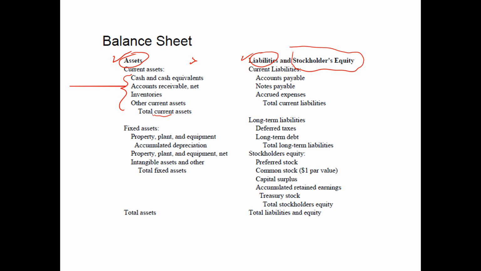and these current assets are things that tend to get converted to cash within a year. So cash is obviously cash. Accounts receivable, that's money that I'm going to collect from my customers, hopefully within a year. Inventory, hopefully I sell within a year. And then other short term assets.